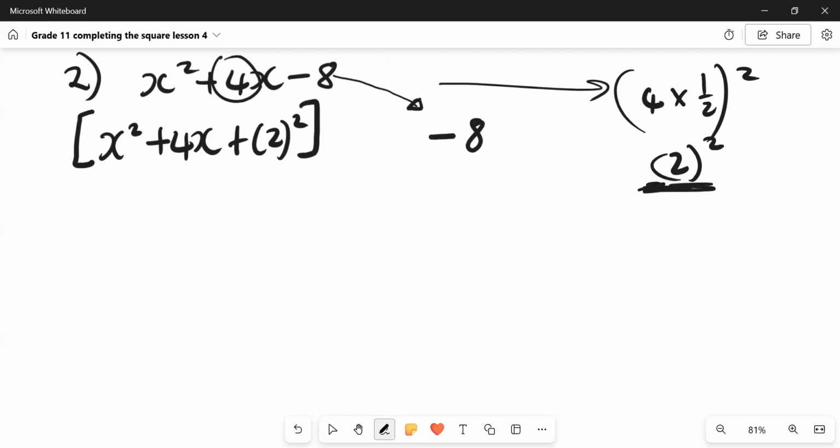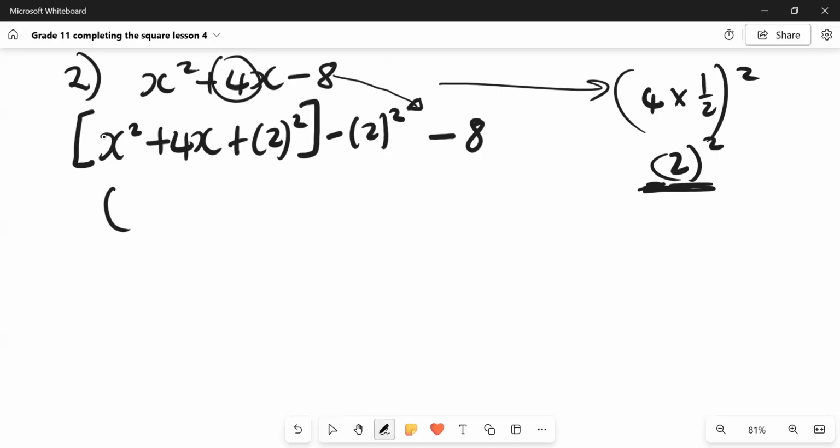And then after adding, we must also subtract, right? So that these two things can cancel each other. And by doing that, we didn't add or subtract anything from this expression. It's still the same, right? So you'll have your minus 2 squared there, right?